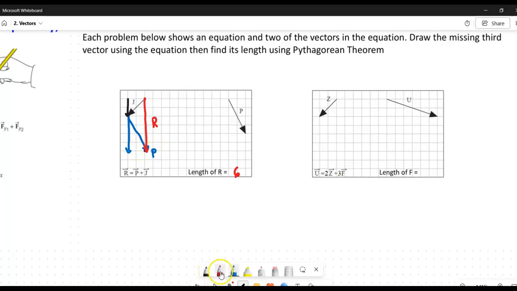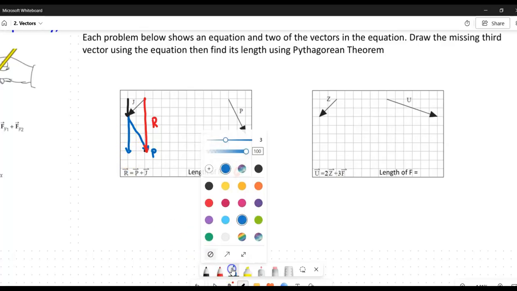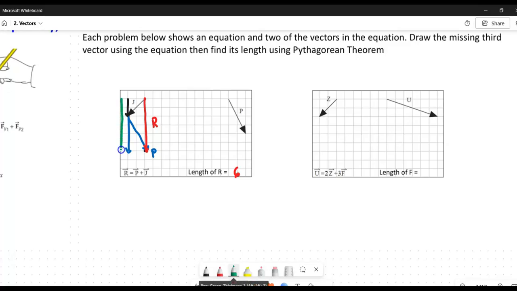So this overall vector is going to be how many units down? 1, 2, 3, 4, 5, 6. So that resultant vector, which I'm going to use a different color, is going to be straight down 6. So this is a new vector, which is -6.